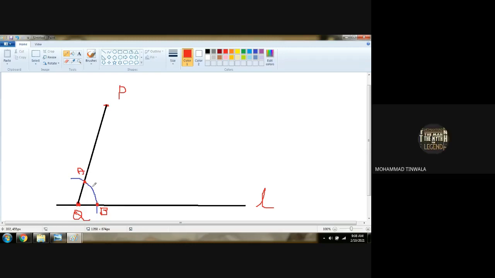With the same measurement, we will take center point P and draw an arc from P like this.